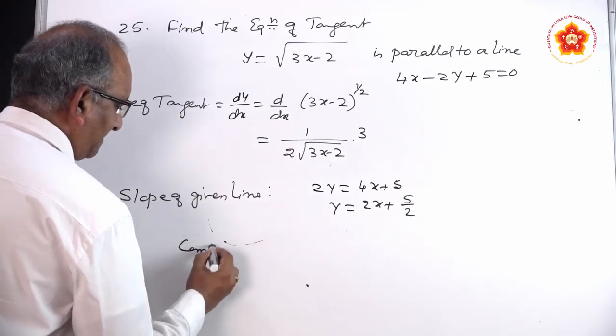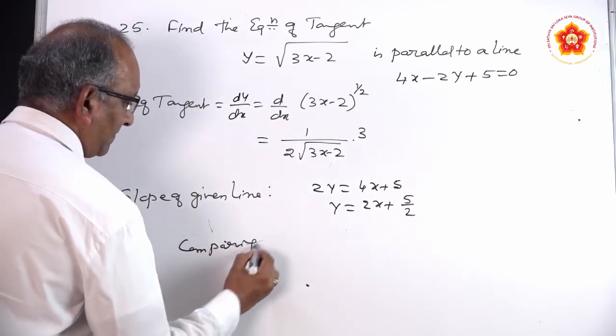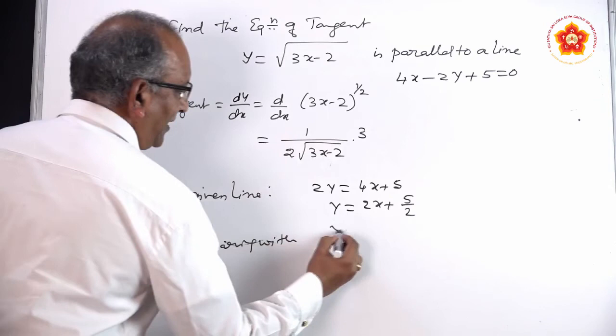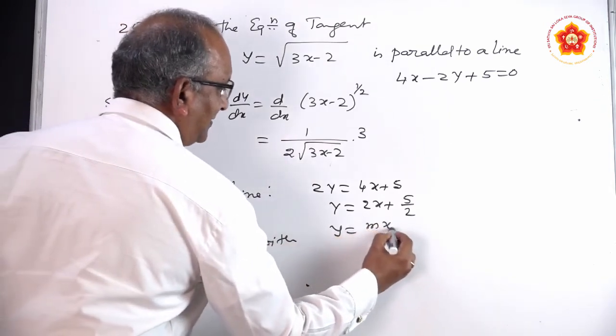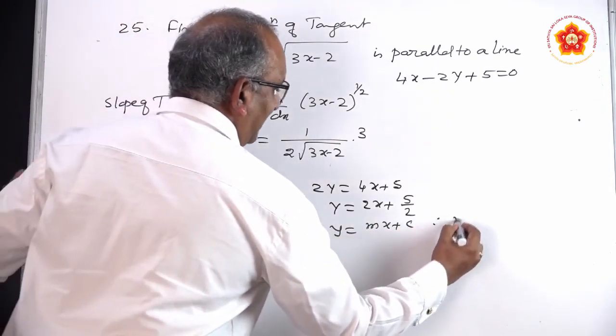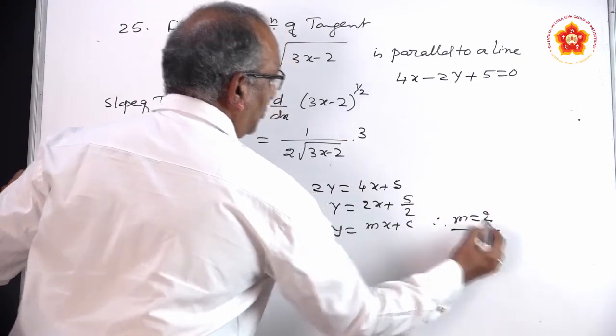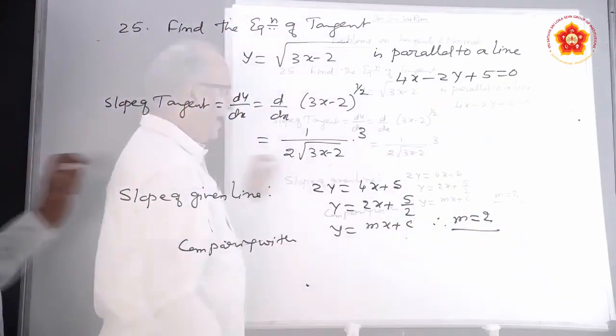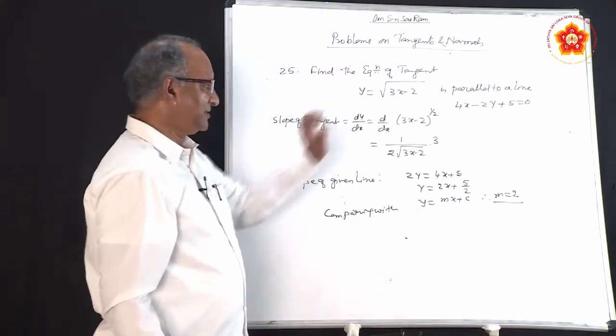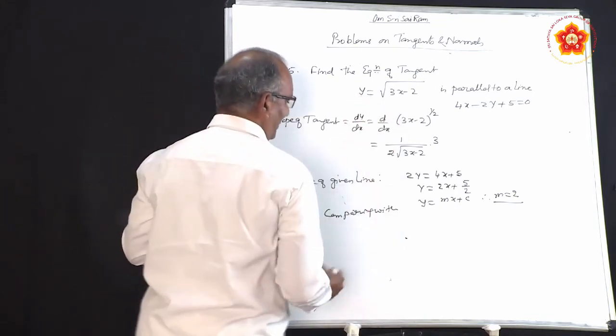Comparing with y equal to mx plus c, we can say that m is equal to 2. So, slope of the given line is 2 and that slope is equal to this because both are parallel.